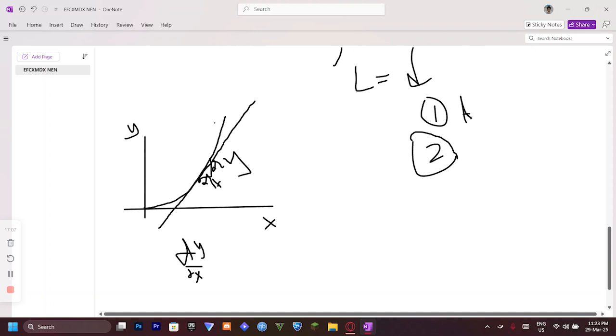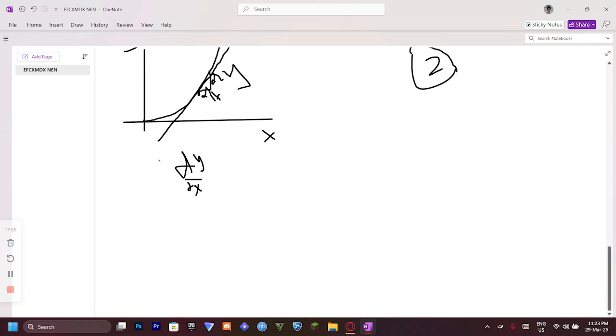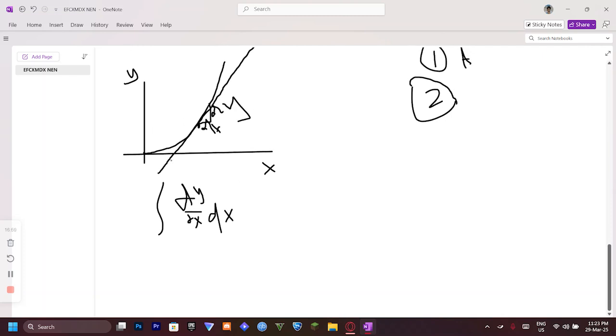Let's try to integrate that with respect to dx. So let's do our usual thing. Take from a to b, some value of x that we call a to another value that we call b, and we separate this part into very tiny segments.